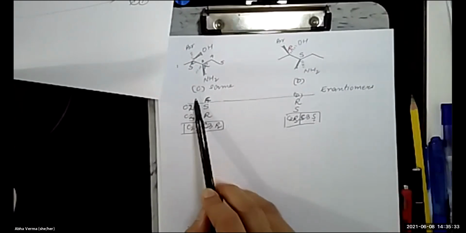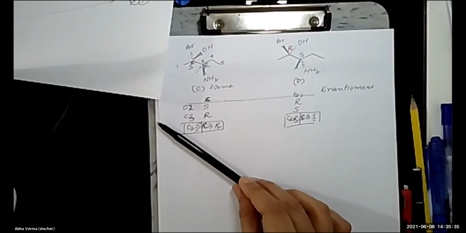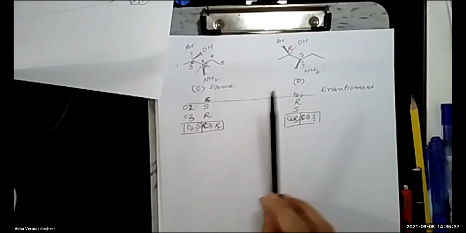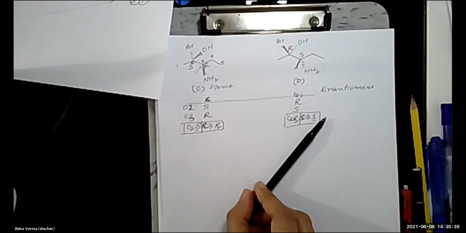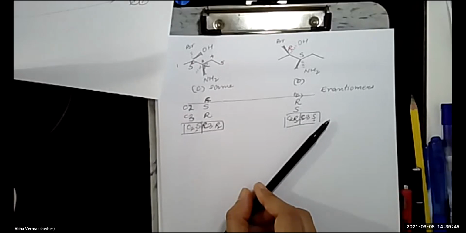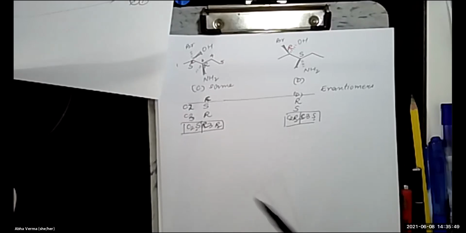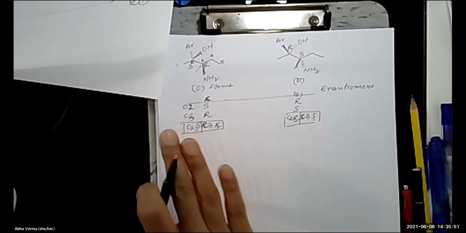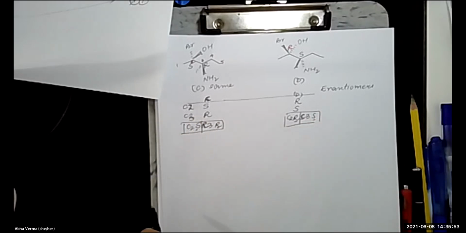If C will rotate the light to the left, D will rotate the light exactly to the same extent, but in an opposite direction. And so the relationship between enantiomers will always be in an opposite configuration.